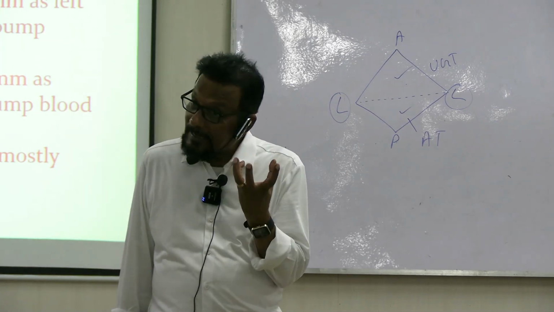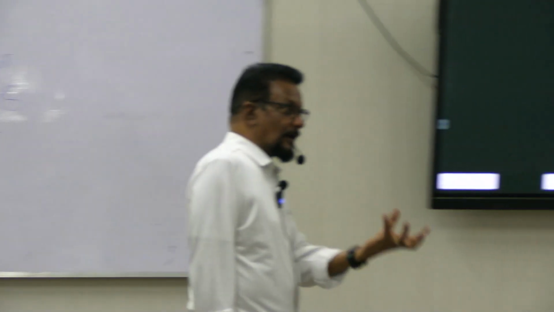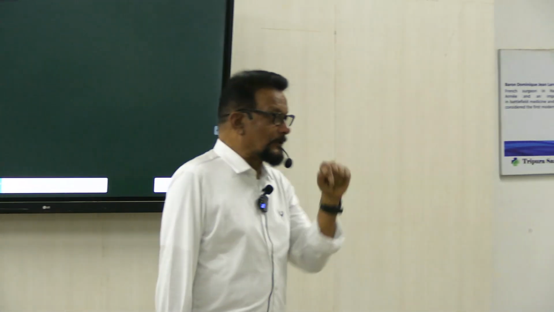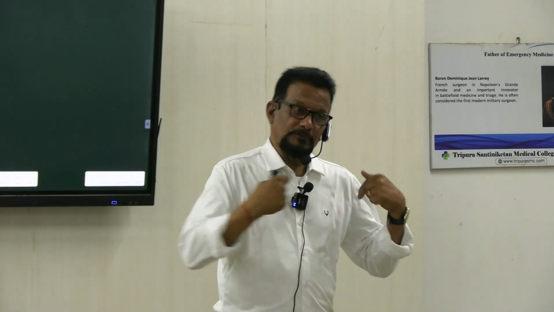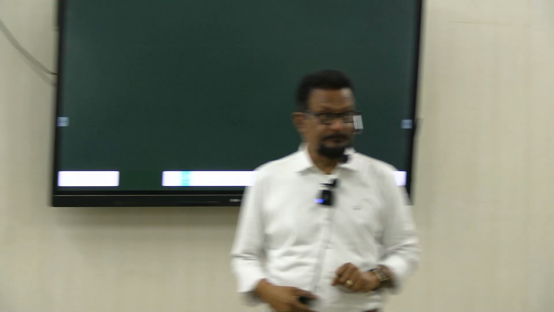The right ventricle pumps blood to the lung, a very short distance, and short distance means low resistance. Suppose there is a pipe: in one case I have to send blood from here to the last end, and in another case only from here to here.